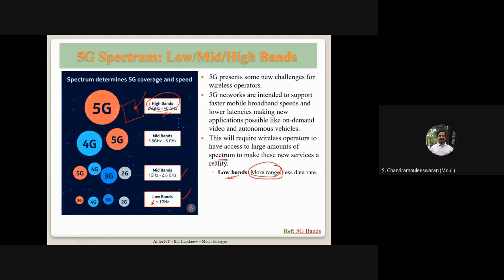So in high band you get less range but more data rate, whereas in low band you get more range, because low band frequencies can go longer distances, but they cannot support a higher data rate because they have very few kilohertz of bandwidth to communicate.